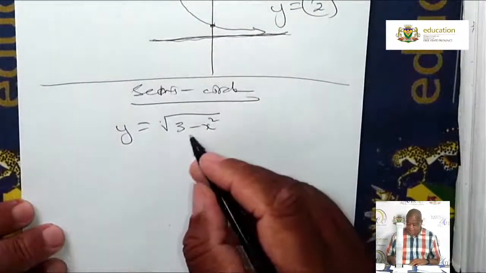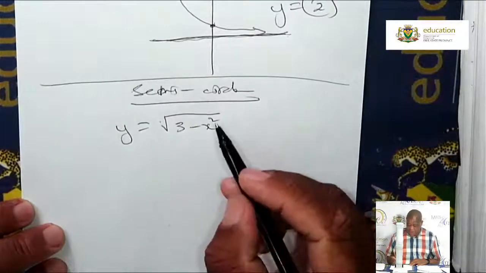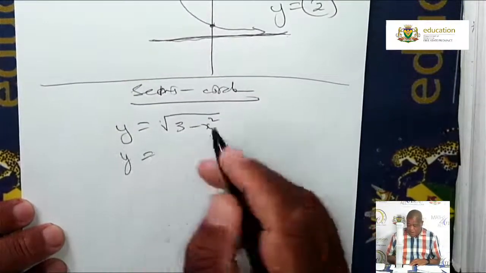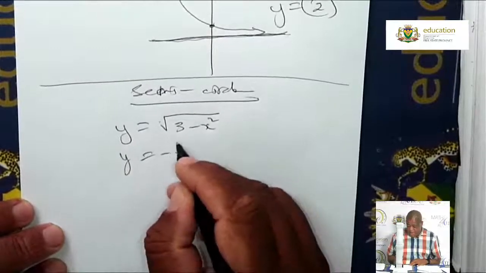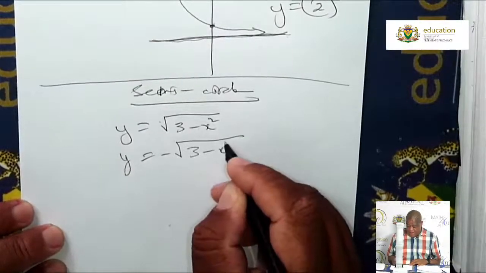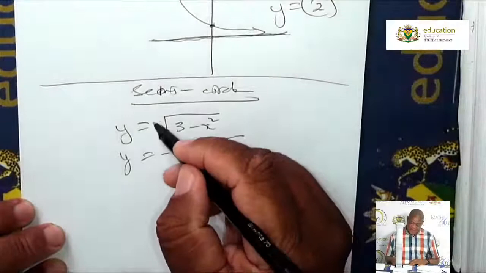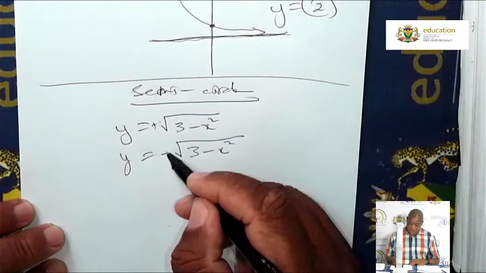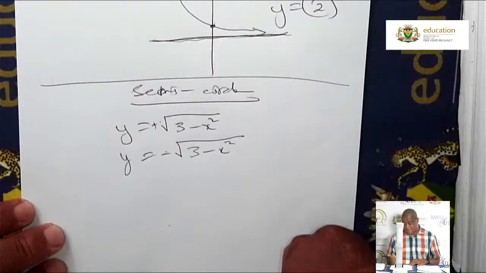This is the one that is concave down. Or it may have y equals minus the square root of 3 minus x squared. So the difference is that this one is positive, while this one is negative.